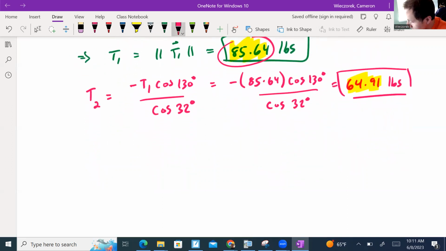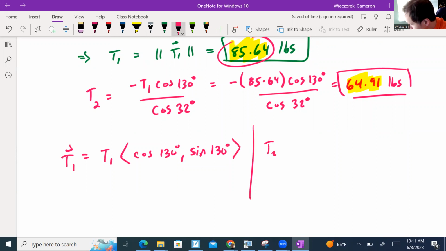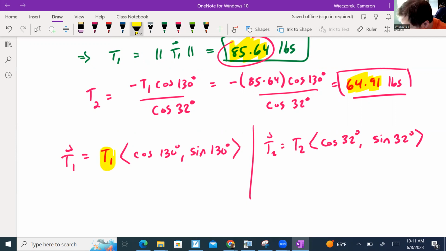So now I need to go back to my expressions. They also asked me for the vectors themselves. So remember, T1 was magnitude T1 times cosine 130, sine 130. And T2 was T2 times cosine of, was this the 32 one? Yeah, this was the one that was 32 degrees from the positive x-axis. So we just have to plug in for T1 here.